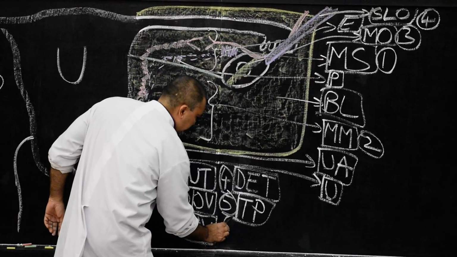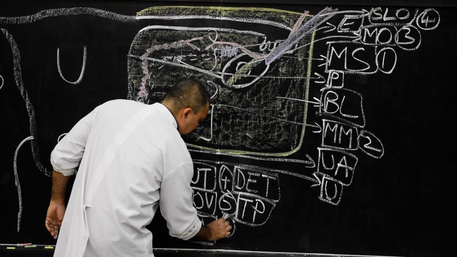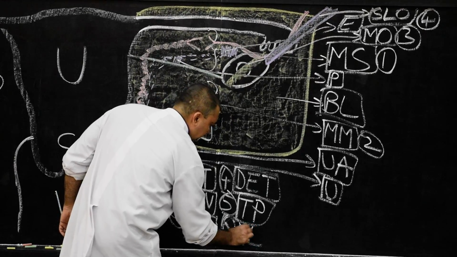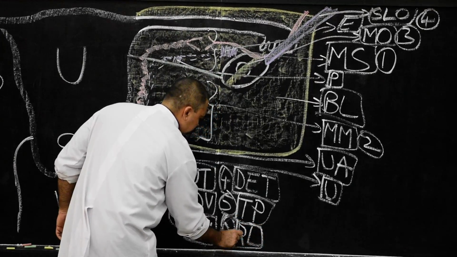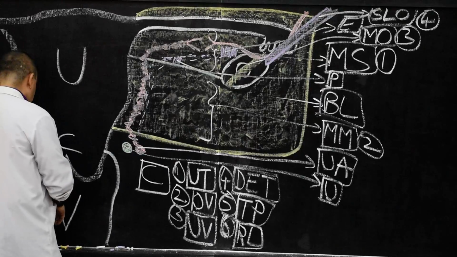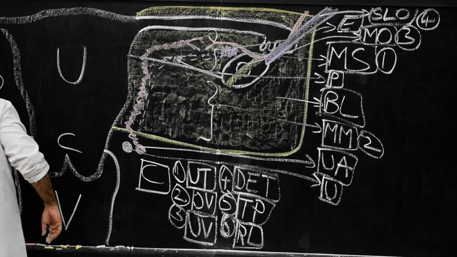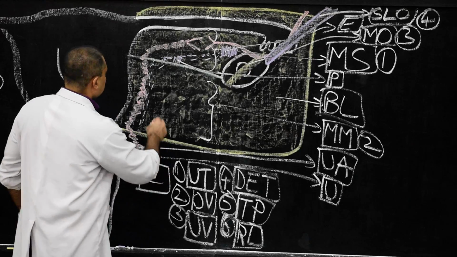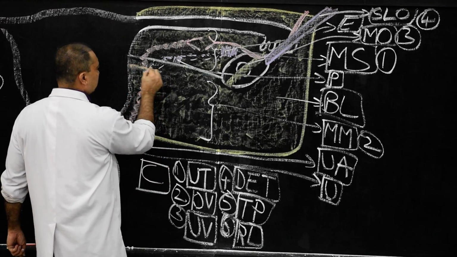Then we come across content number 6, very important, the round ligament of uterus. Please note down the round ligament of uterus. So if we draw the round ligament of the uterus, we know that it will extend from the lateral angle of the uterus.